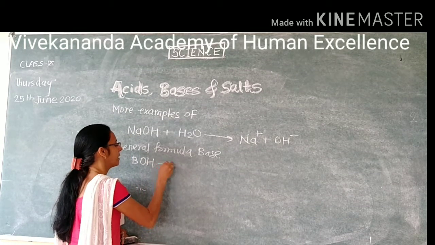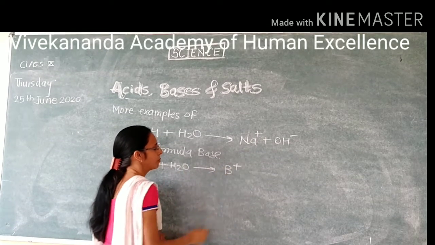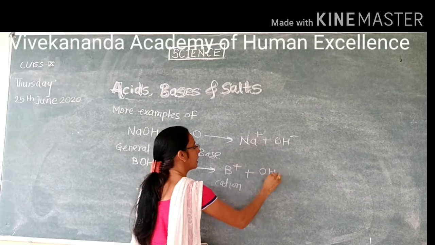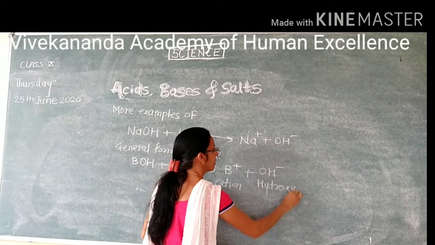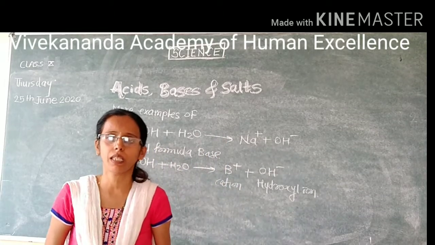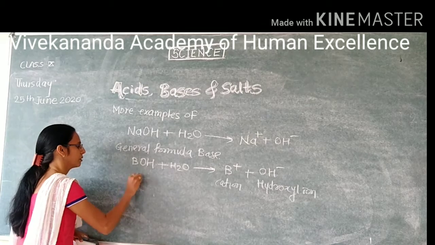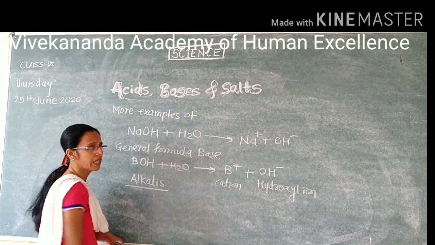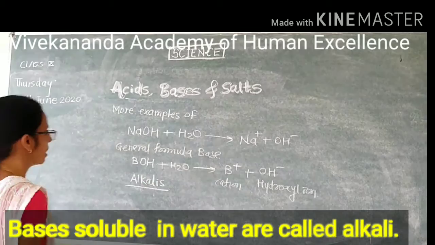When added into the water, it gets converted into B plus, the cation, and the hydroxyl ion, which is common in all bases. The bases which get easily dissolved in water are called alkali.